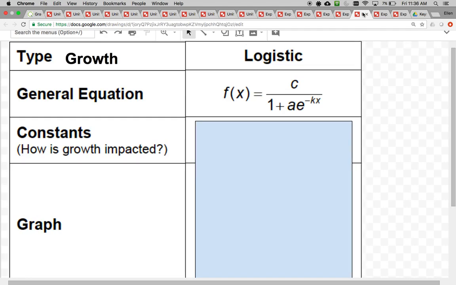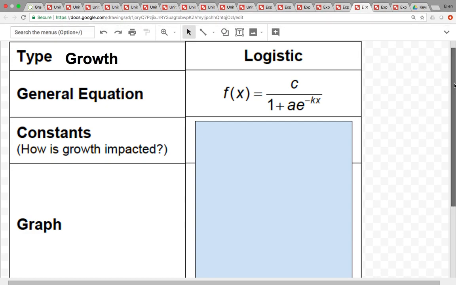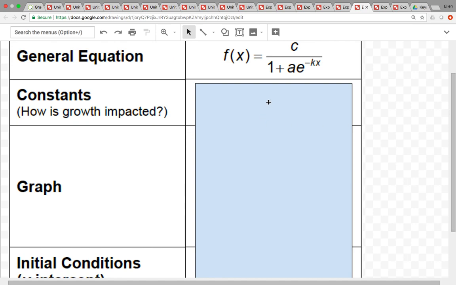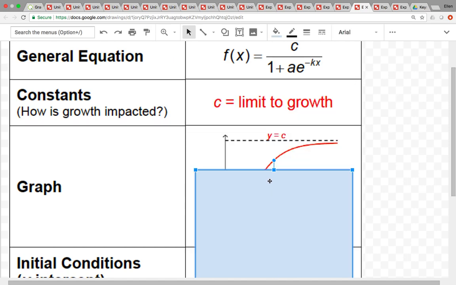All right, so let's look at some application scenarios that you might see. You might see something that's called logistic growth. Let me just go ahead and show you the graph, and then I'll look at all the formulas.